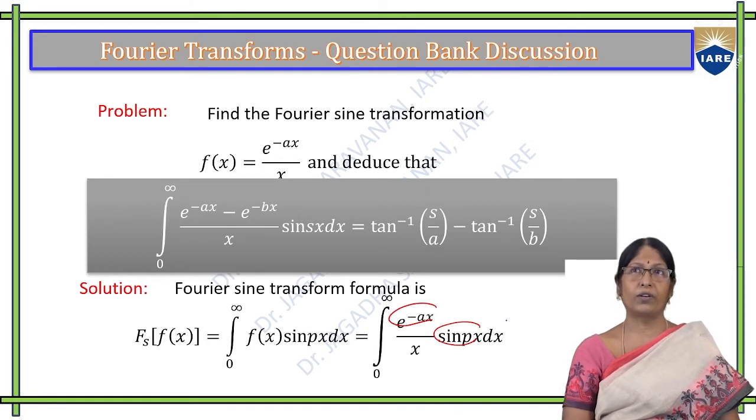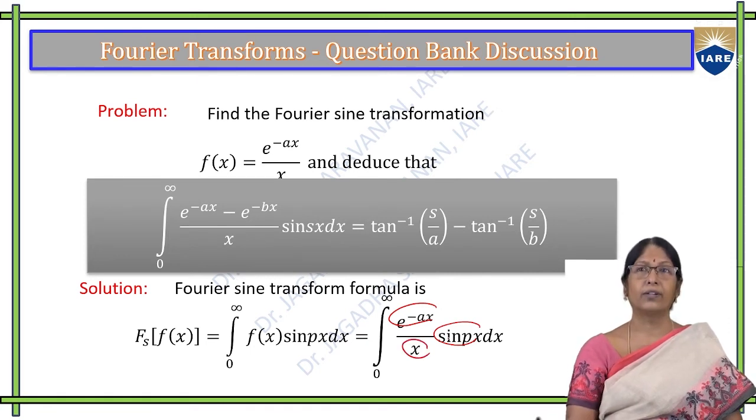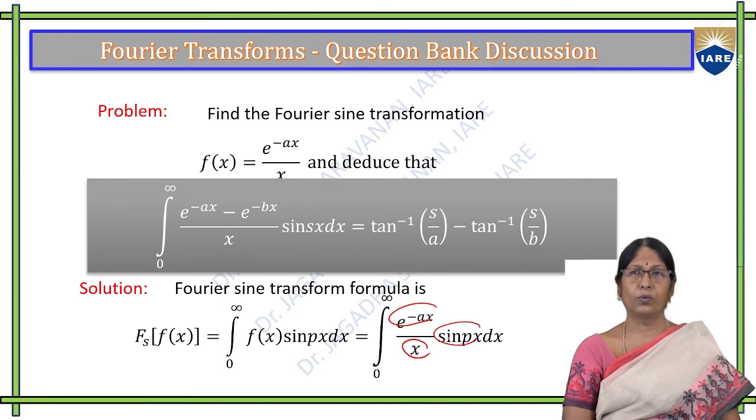The formula we have discussed so far, exponential combined with the trigonometric term, using that formula we can solve easily, but this x is disturbing us. So we have to find an idea how to remove that x. This is the basic idea to reach the solution.